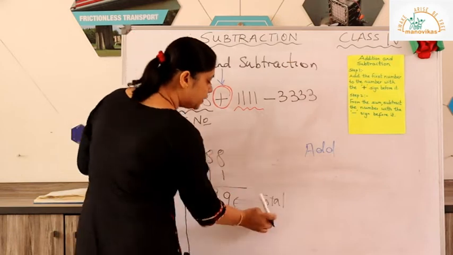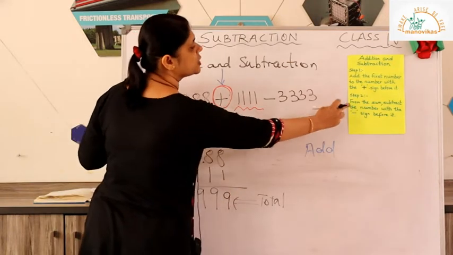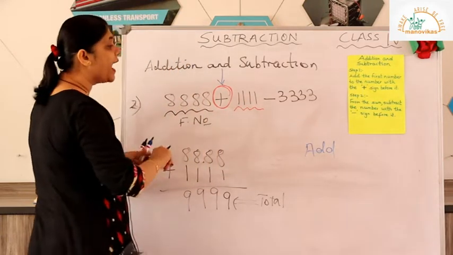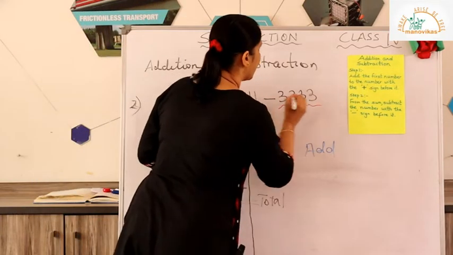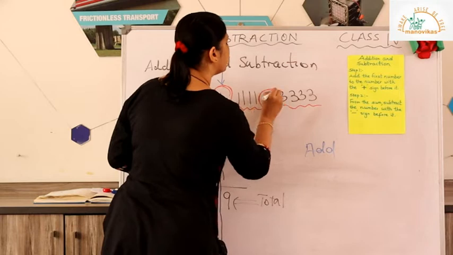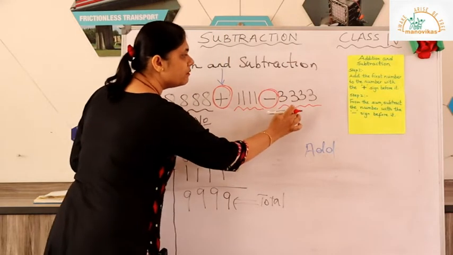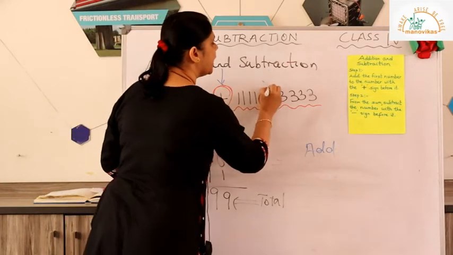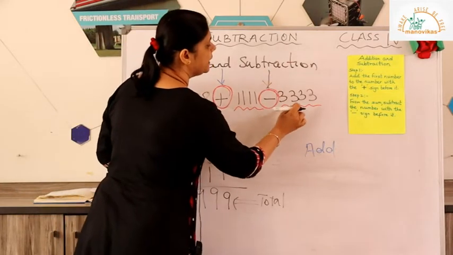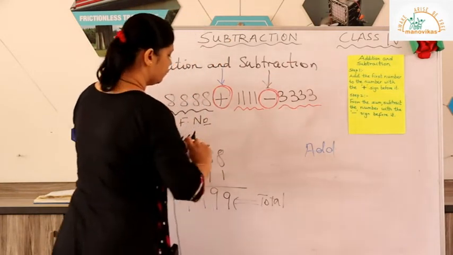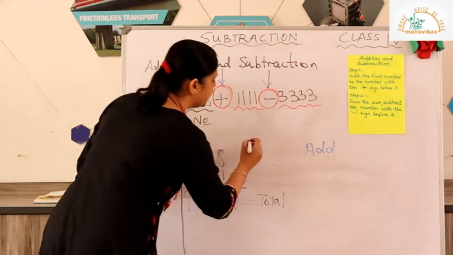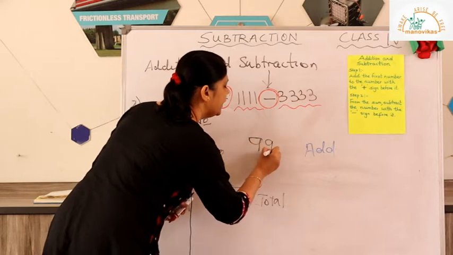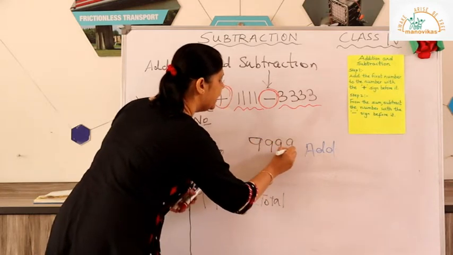Now, to this total, according to step 2, from the total we have to subtract the number which has a minus sign before it. So which is the number which has a minus sign here? See, you can see this is a minus sign and it is 3333. So from the total, I will write the total here. 9999.